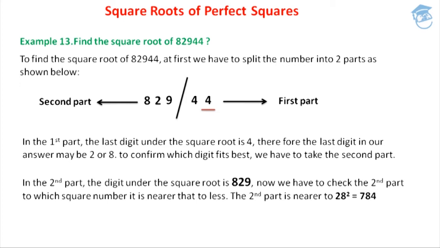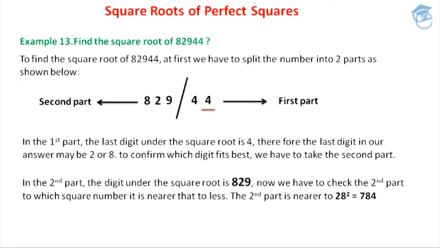So we take the second part, 829, and check which square number it is nearest to, but less than. The number 829 is nearest to 784, which is 28 square.